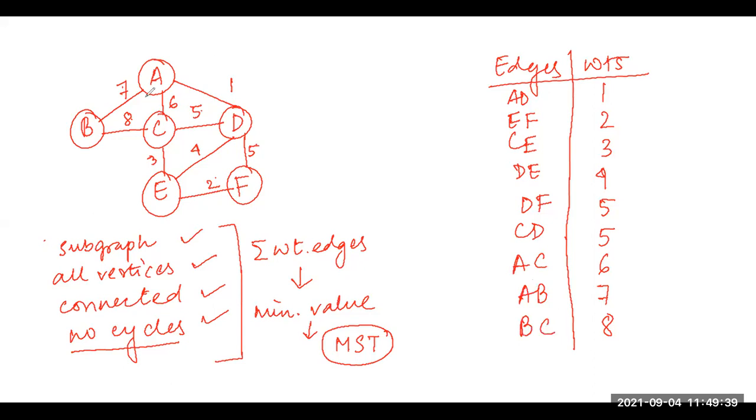Did I cover it all? 1, 2, 3, 4, 5, 6, 7, 8, 9 values. Fine. So I covered it all.